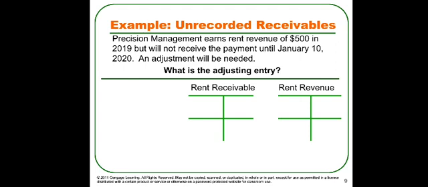You have to record it even though you will only get paid in year 2020. Why? Because you follow the revenue recognition principle. The principle says you have to recognize or record revenue when it happened, not when you receive cash.